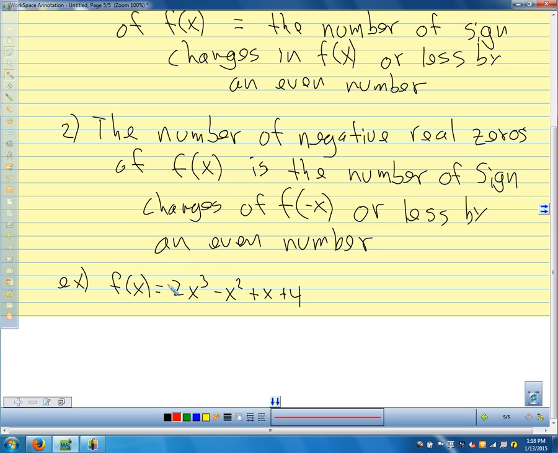So here we have a positive 2, and that changes to negative. That counts as a sign change. Here we have a negative, and that changes to positive. That counts as a sign change. Here we go positive to positive. That doesn't count as a sign change. So Descartes' rule of signs says we have two sign changes. So we have 2, or we go down by an even number, we can go down by 2 to 0 positive real roots.